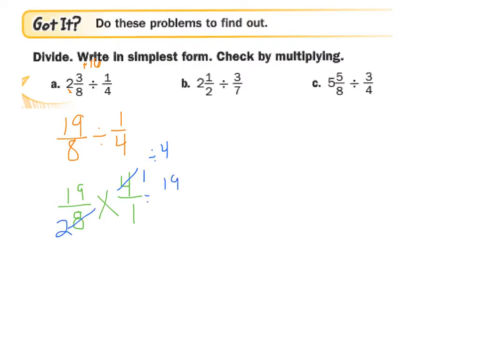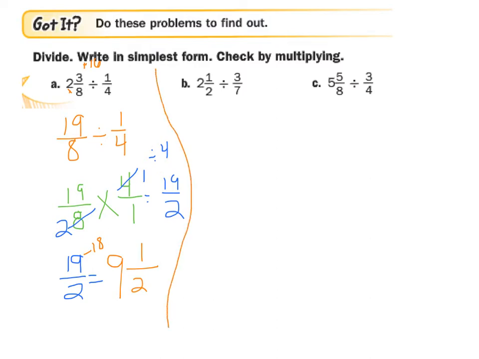So we get 19/2. So I'm going to transfer this down here since I'm running out of room. 19/2 is the same as taking out 9 groups, which leaves me with 18 used up, so I have 1/2 left over. So 2 3/8 divided by 1/4 is 9 1/2.